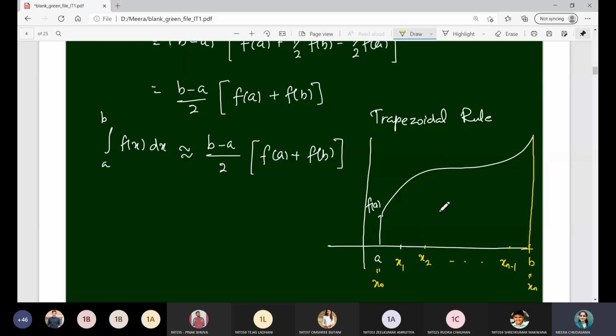So first case this one, second case, third case, last case. So instead of the curve, in the trapezoidal rule we are approximating this with the straight line. This curve is actually going along the white line and we are approximating it with the yellow straight line. Then for this case it is this straight line, and in the last case it is this straight line.